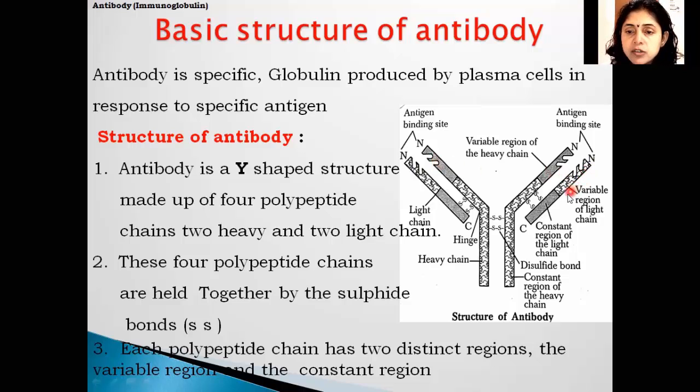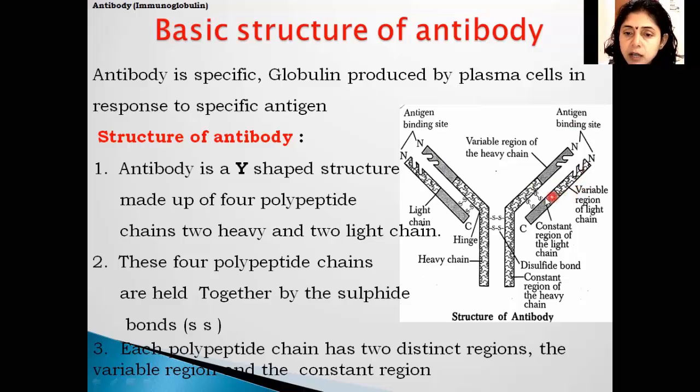This is the region where the antigen gets bound. These are the antigen binding sites, so that is why it is called Fab, the fragment where the antigen binds. These are the variable regions.